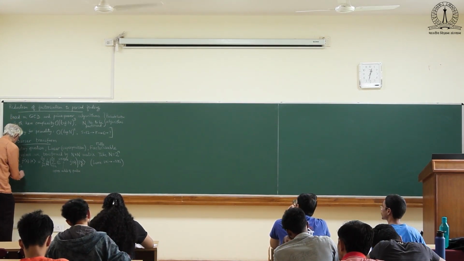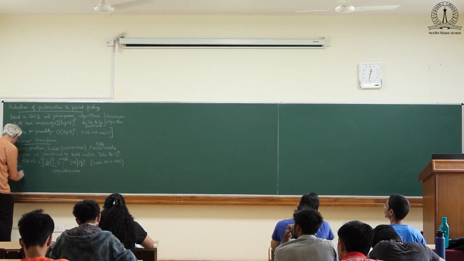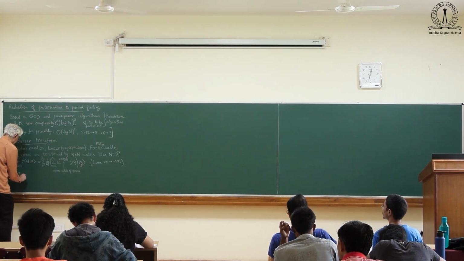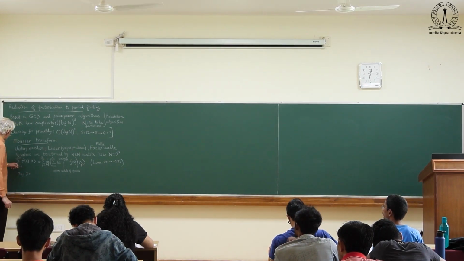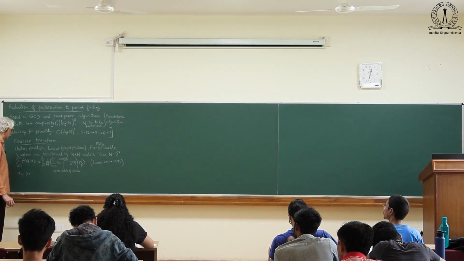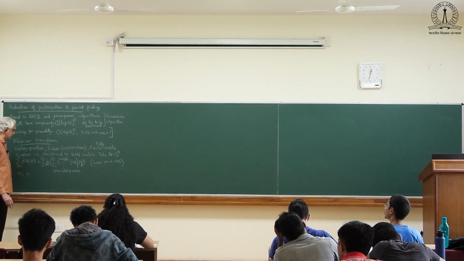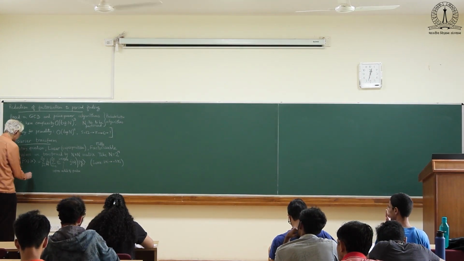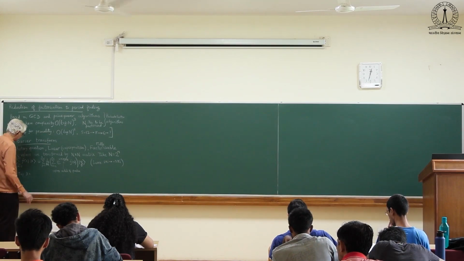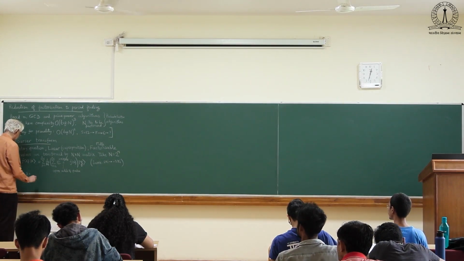So let me write this in a binary notation. It goes from 0 to 2 to the power n minus 1. So it will be described by a whole bunch of digits or bits, and I will write them in some sequence.